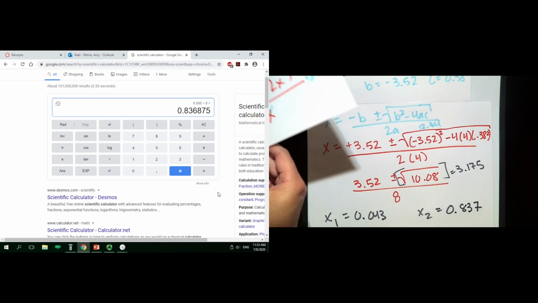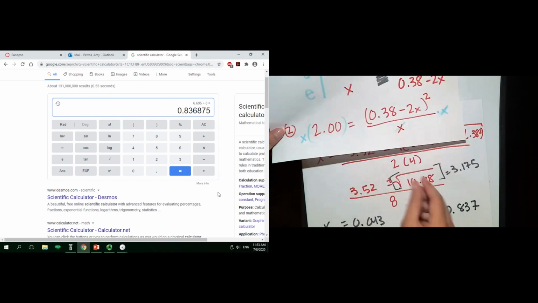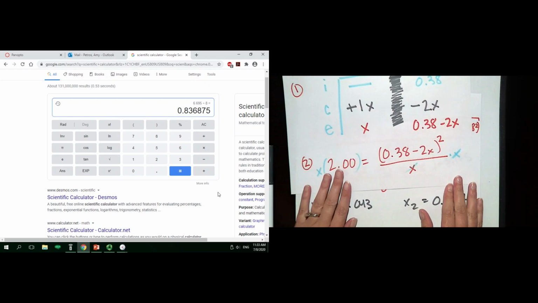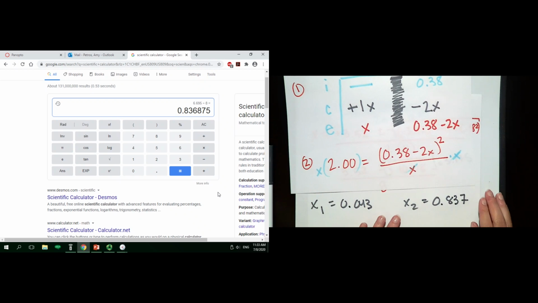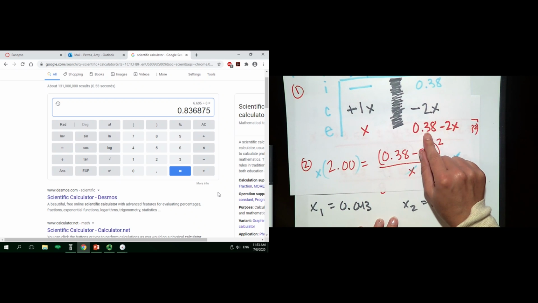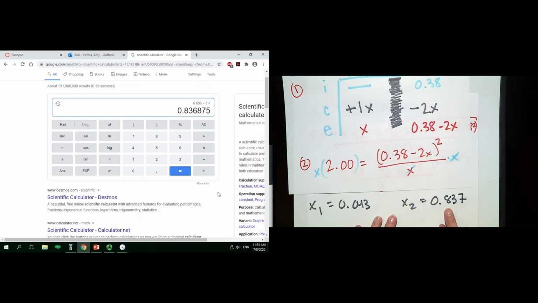So let's go back to our ICE table. We're asked for the equilibrium concentration. So if I'm starting with 0.38, can I subtract 0.8 from that? No. 0.38 is less than 0.8, so that cannot be. The x2 value, 0.837, doesn't make sense.